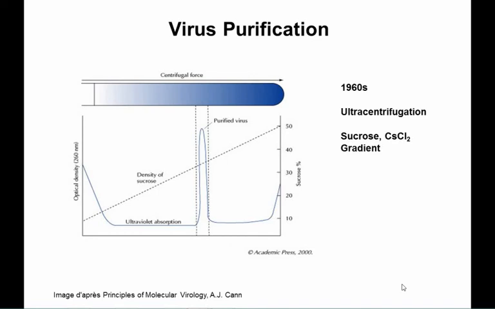And at one point, virus particles will form a band where the density of the virus particle equilibrates with the density of the material in the gradient. So that's how you can separate out viruses from all these other contaminants from the infected cell.